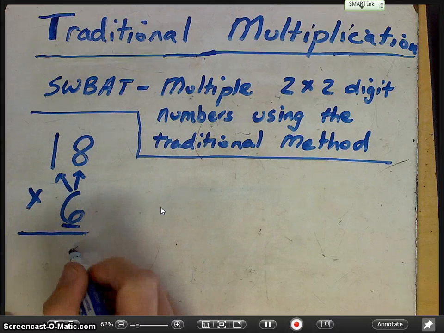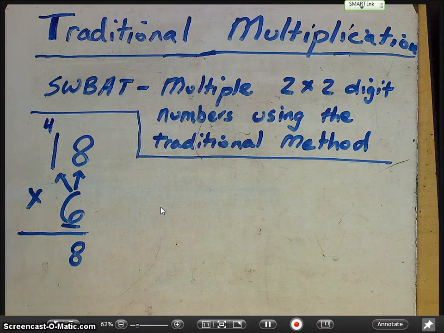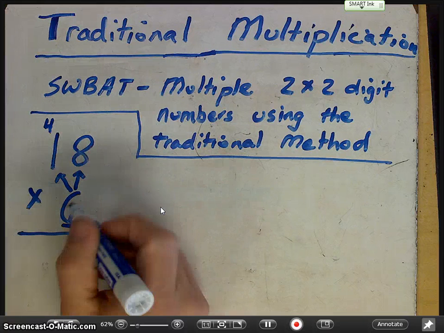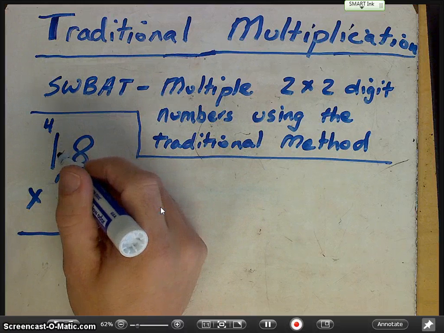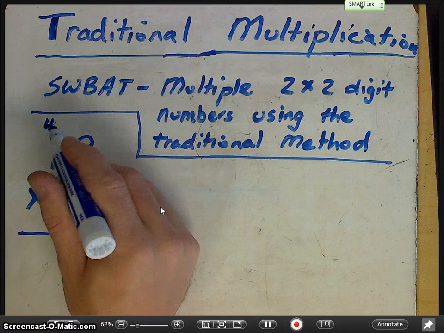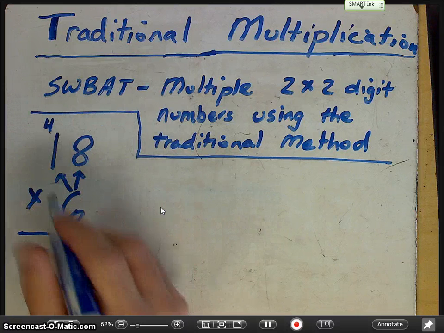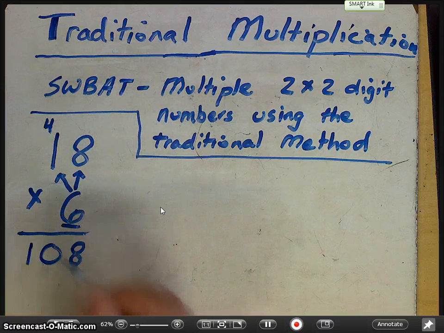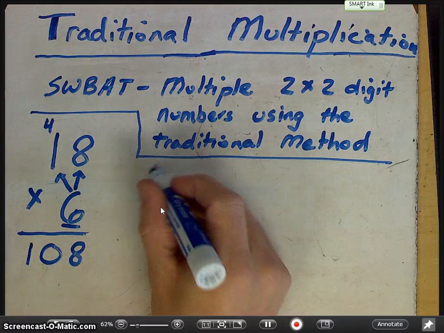So what I do is I put my 8 down here, my 1s, and I put the 4 up top, just like that. Then I do 6 times 1. Now it doesn't matter that it's in the 10 spot. We don't say 6 times 10. We just do 6 times 1, and then we add 4 to it. So 6 times 1 is 6. 6 plus 4 is 10. So now we put the 10 right there. Our answer is 108.